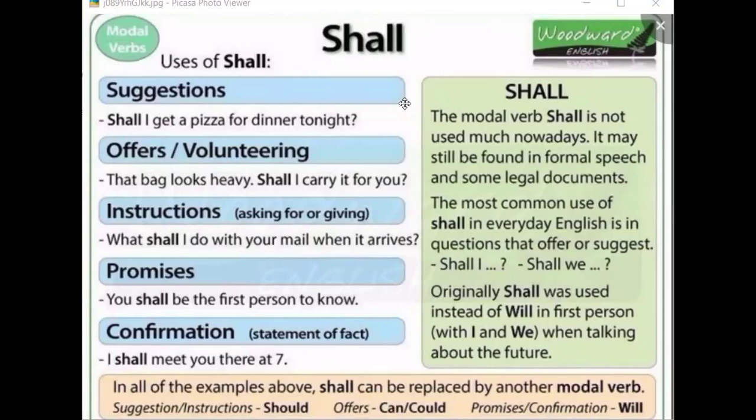Meaning you don't have that authority to do it. You have to ask for permission. But when you say, shall I get a pizza for dinner tonight? It means that you can do that and you are just asking somebody else's suggestion. So in many cases you can change, but there would be a slight difference in the usages.